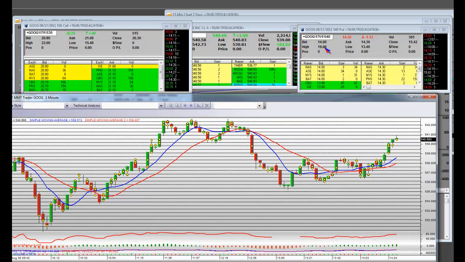At one point, the 540 put that was out of the money hit a high. So when we hit the low of 530, these went up to $19. Then when we contracted, they put in a bottom when we had these top reversals up here on Google and we went straight down. That's when we made the lows here, and they ticked right back up in value.